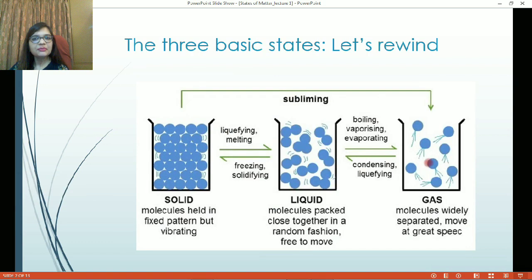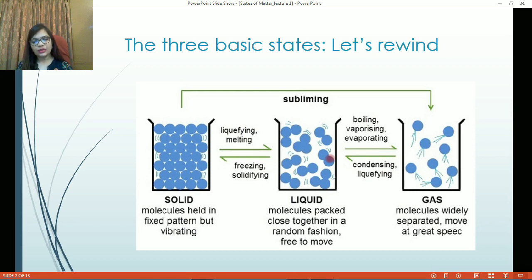Now, how many basic states of matter do we already know? We know about solids, we know about liquids, and we know about gases. Now in case of solids, there will be close packed arrangement of atoms, ions and molecules, which also shows that there will be very strong attractive forces between them.